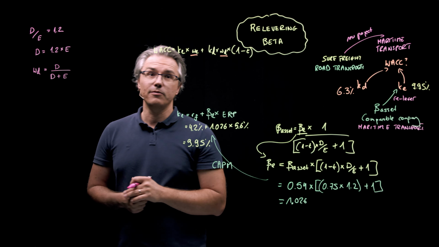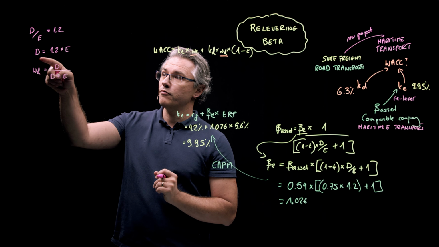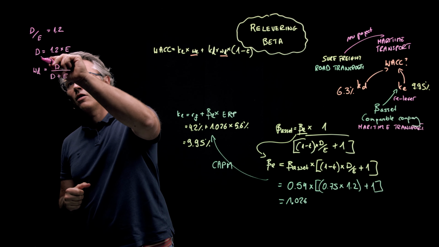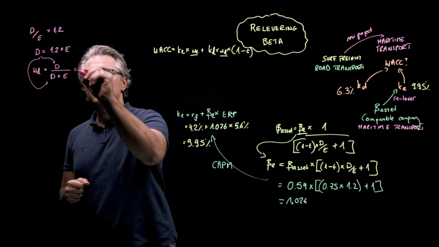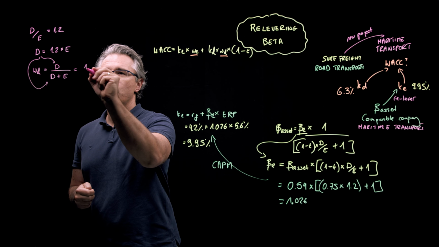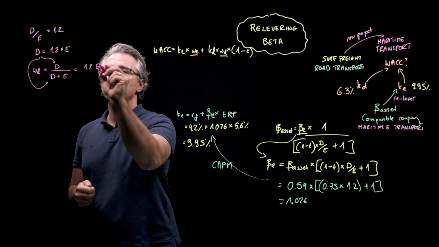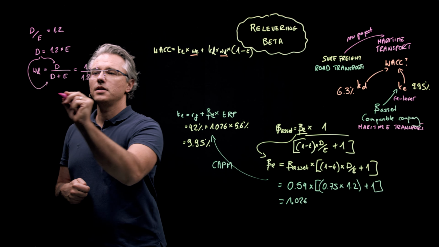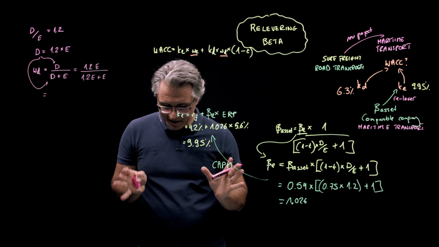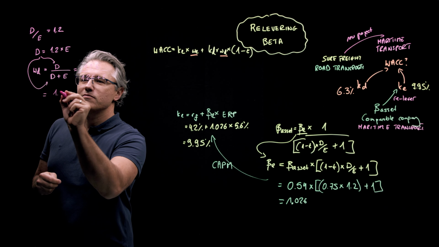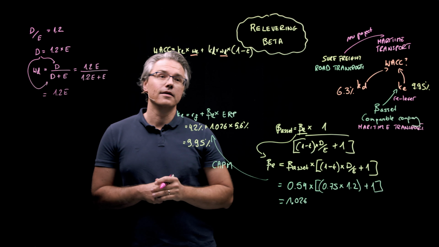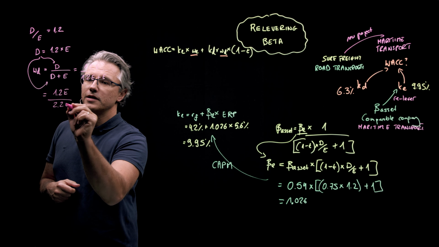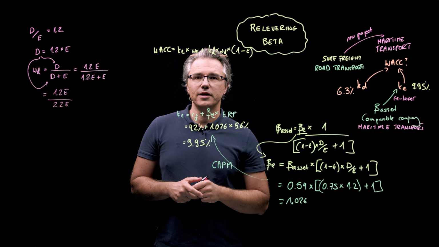Wherever there is the term D, I'm going to use what I wrote up here. So I'm going to substitute this over here and over here. So this comes in at 1.2 E divided by 1.2 E plus E. So ultimately, I've got 1.2 E in the numerator and 2.2 E in the denominator.